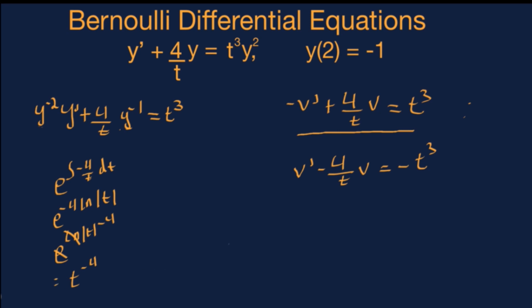And so now when we multiply our equation by this integrating factor, we get t to the -4 times v prime minus 4 t to the -5 times v is equal to negative t to the -1.